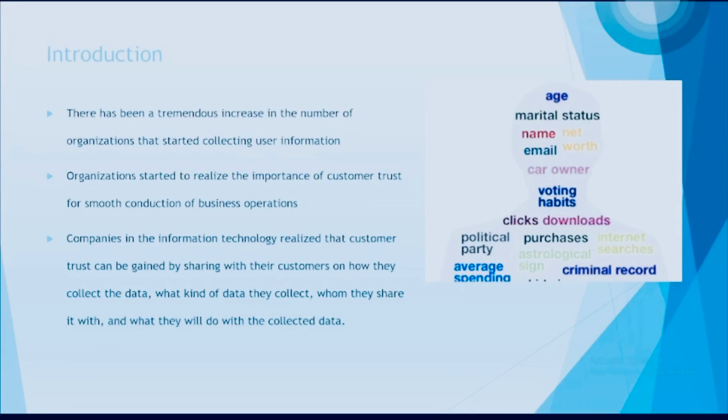Our data is collected, and we were not told how they are going to use it. So this created trust issues for the users with the companies, and that brought about the privacy issues.